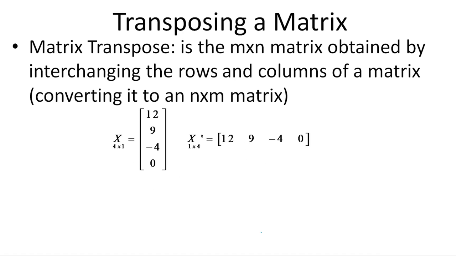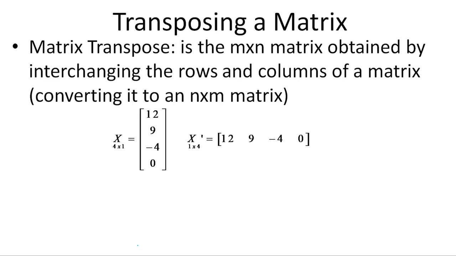If you have here matrix X, it is a 4 by 1 matrix, because we have 4 rows and 1 column. So what we do for matrix X prime, which is the transpose, is interchange the number of rows with the number of columns, and the number of columns with the number of rows.